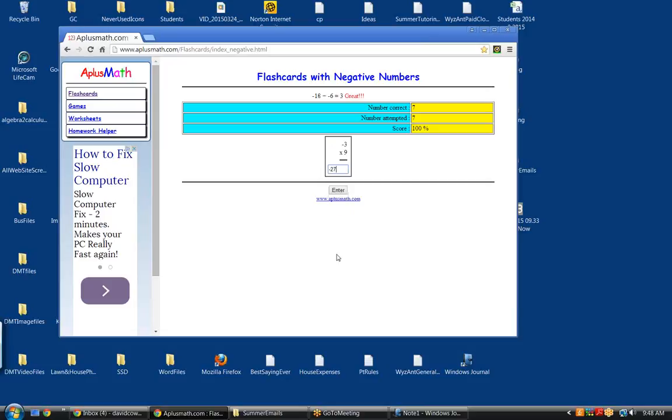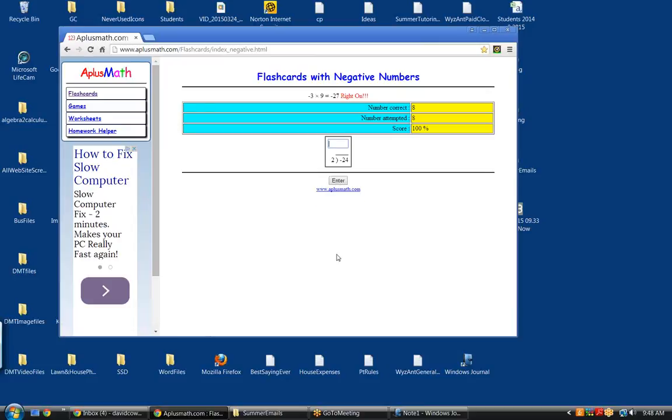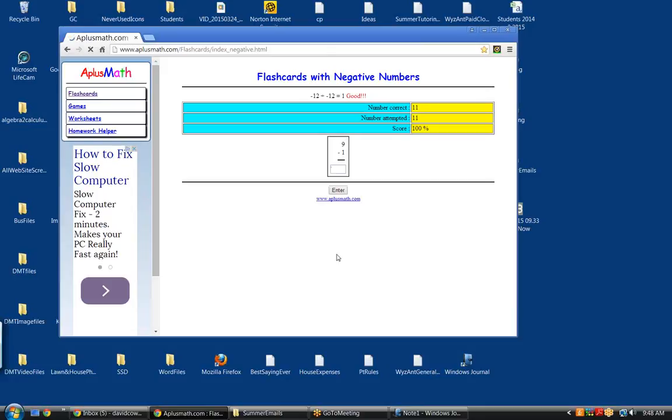Negative 27. Negative 12. Wow, same one. Huh. What's this? 144. No, wait. Division. What? Division again, yeah. 8.